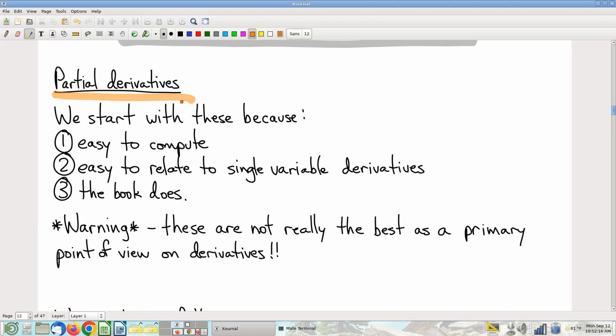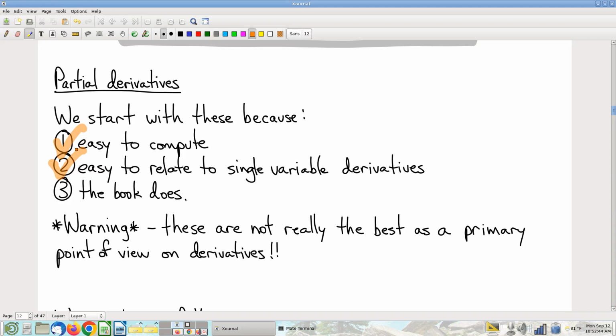Now, this is a personal note I want to insert here. I am going to start with the partial derivatives for various reasons. Let me start with the positive. They're easy to compute. That's a good thing. That's nice. We like partial derivatives for that reason. They are what I'm going to call relatable. They're familiar.